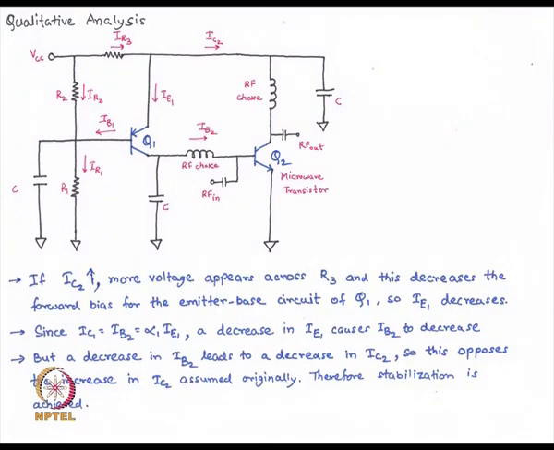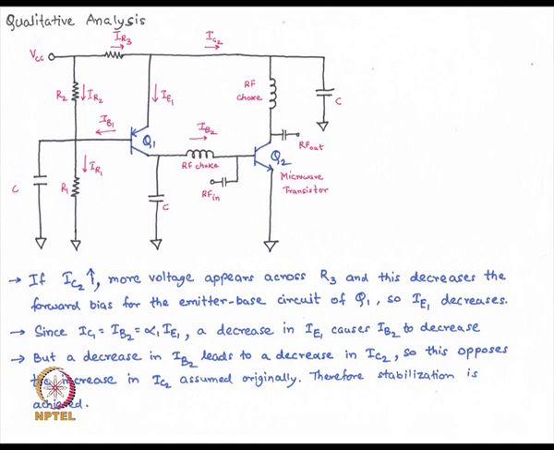First, let us see qualitatively how this circuit works. Suppose for some reason IC2 changes and increases. This IC2 is the collector-emitter current, I beg your pardon, the emitter current of this transistor Q2.